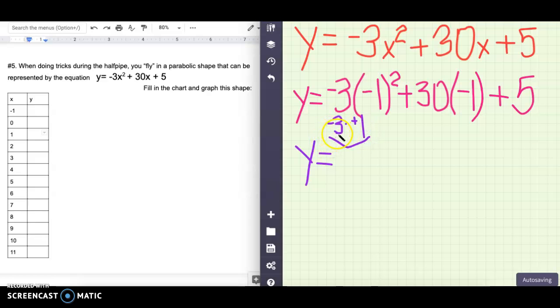What's negative 3 times positive 1? A negative times a positive is a... So this is going to be negative 3. Then we have this term. It's 30 times negative 1. And that's going to be negative 30.